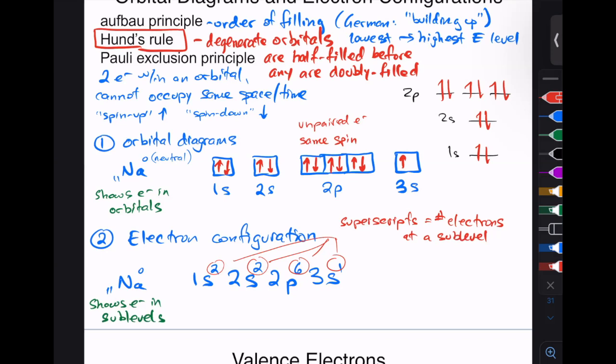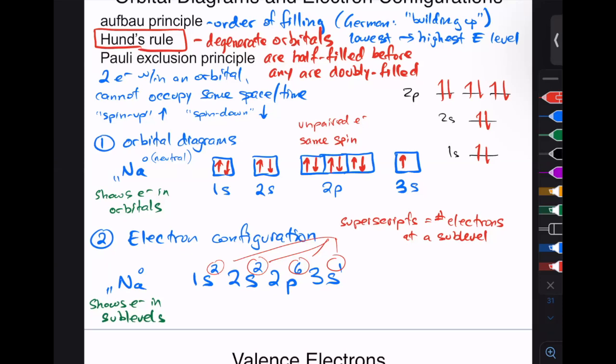So which one you use depends on what you want to show with that model. Remember, our symbols and models are just describing things that we can't really see. So you use the right symbol or the right model to show what you're trying to talk about. If you care about whether the electrons are paired or unpaired and what orbitals they're in, you'll use the orbital diagram.